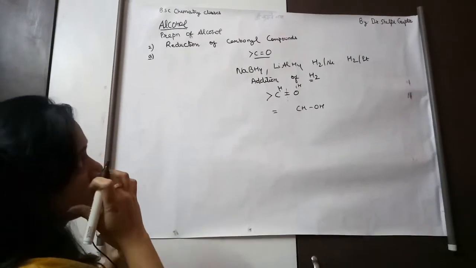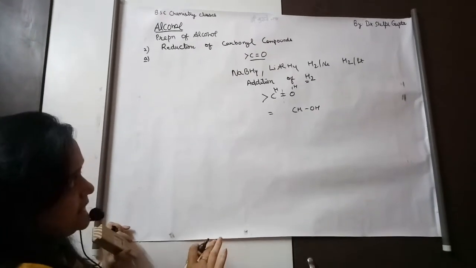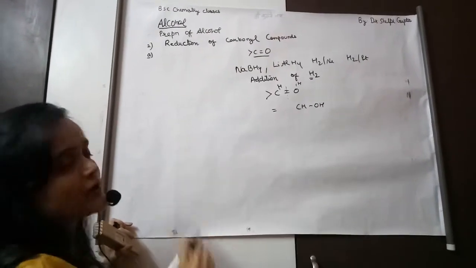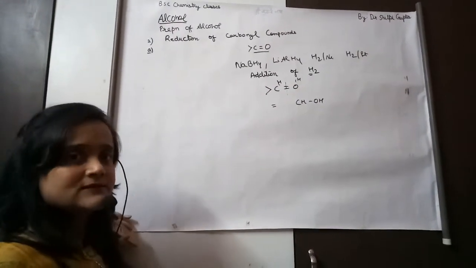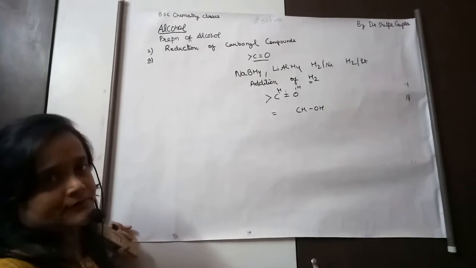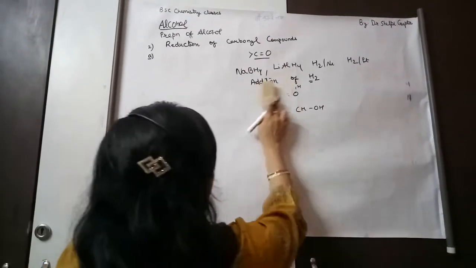Now first I will tell you there are two mechanisms. First is the reduction of carbonyl compound in presence of these reagents, and the second one is by Grignard reagent. So today we are going to continue with these two reactions.